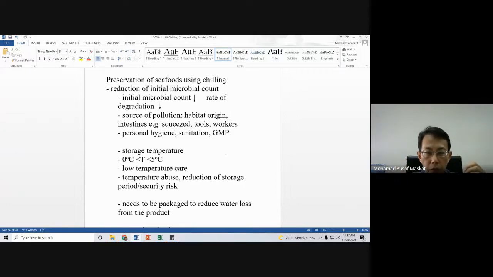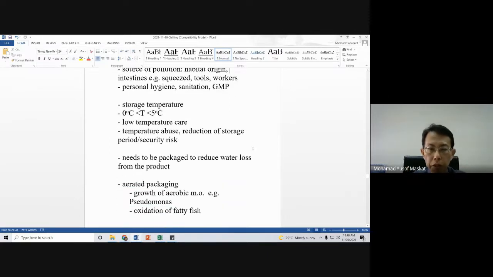That may cause the intestines to be squeezed and ruptured, and the insides of the intestines, which as we all know contain a lot of microorganisms, can contaminate the other fishes. Then also the tools and the workers. So that's why it is important to practice personal hygiene, sanitation, and good manufacturing practices.